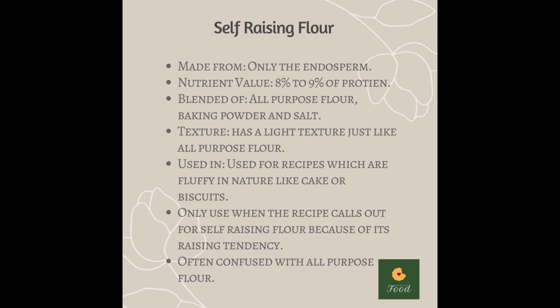It has a light texture just like all-purpose flour, and it has some nutrient value, from 8 to 9% of protein. It is recommended to use self-rising flour only when the recipe calls for it.